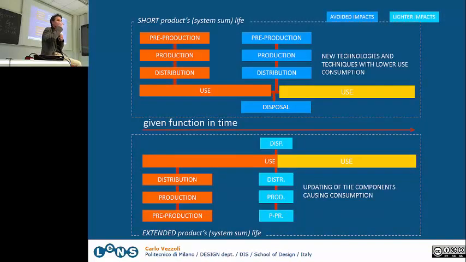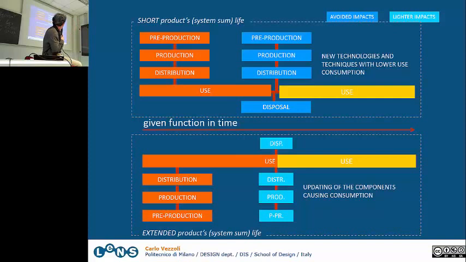And you remember this scheme, why it's interesting to have a long-lasting product? Because if a product lasts longer, which is the case shown in the lower part, you remember the different phases of the life cycle of a product: pre-production, production, distribution, use and disposal, and so on.